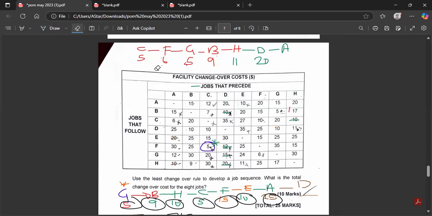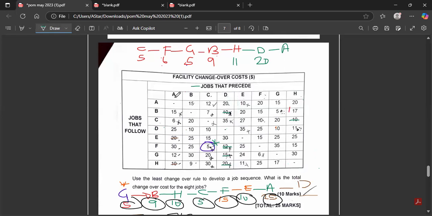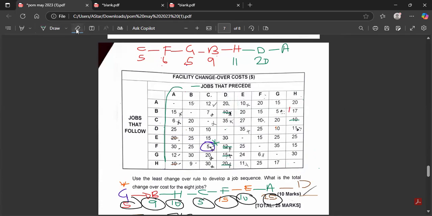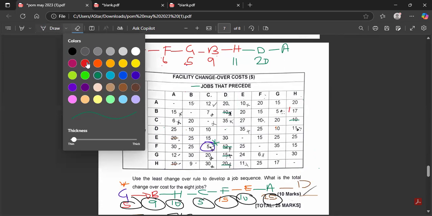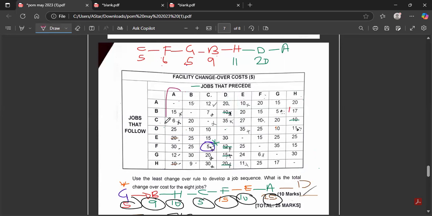The smallest cost in A is what? But we have C. Are you following? Yes, I'm following you. Okay, so in A, the smallest cost is what? We have 6, which is taken. Okay, so let me cancel it.